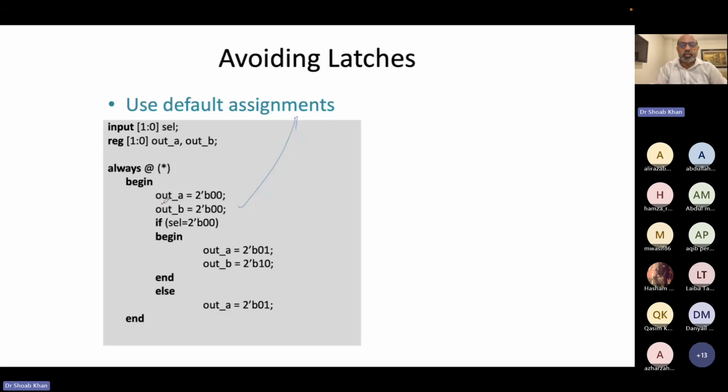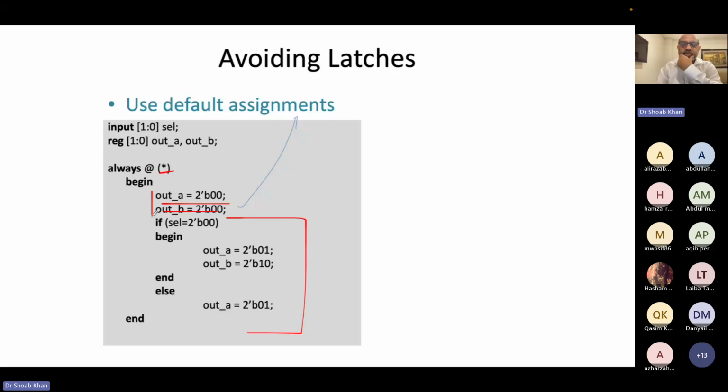So the trick is you assign some default, and then you can leave it as don't care, and you only assign something to whatever is required to be assigned, and for the rest it will just pick the default value. So that's a smart thing: use this default first and then assign values.